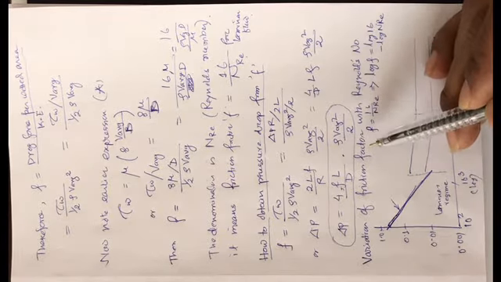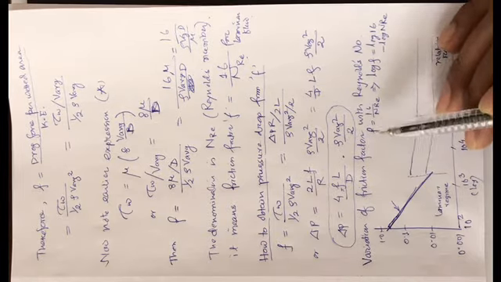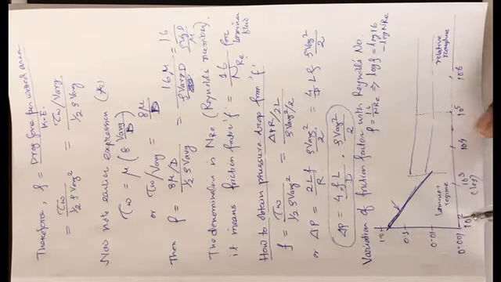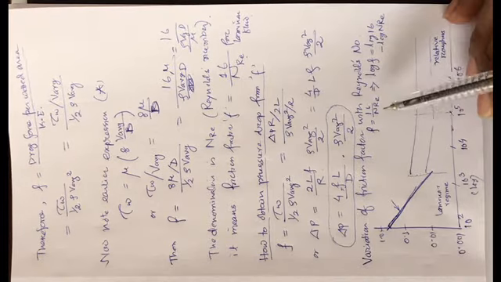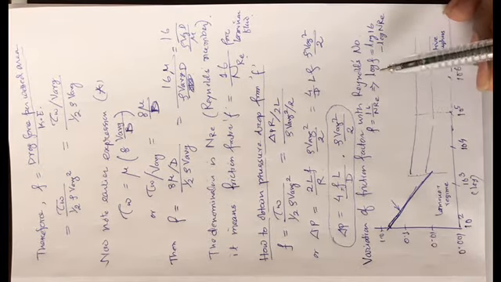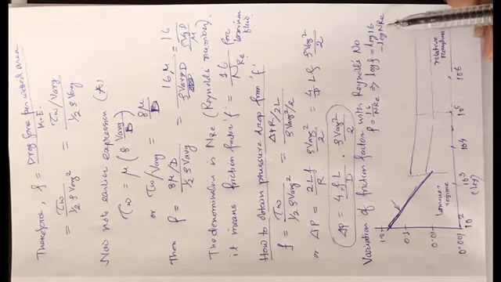Now Fanning's friction factor is available in the form of a graphical representation. If we want to represent it graphically, how will it appear? F is equal to 16 by Reynolds number. If we take log on both sides, log F is equal to log 16, which is a constant, minus log of Reynolds number.